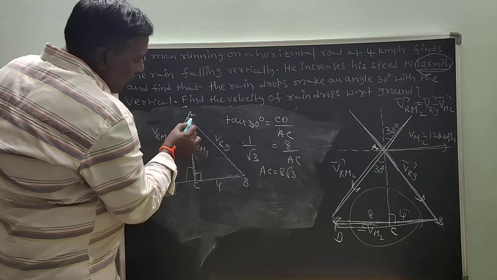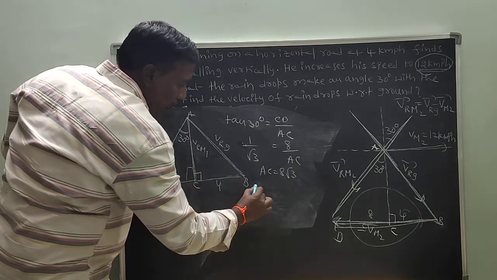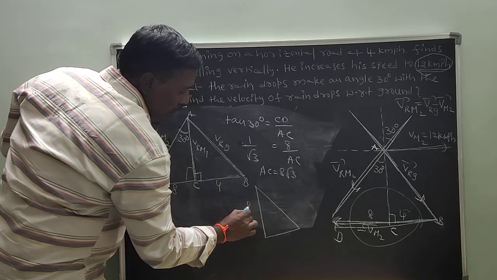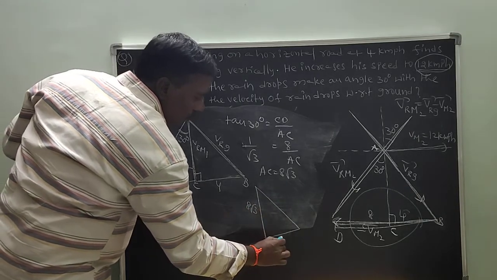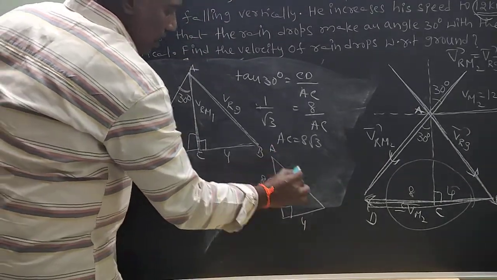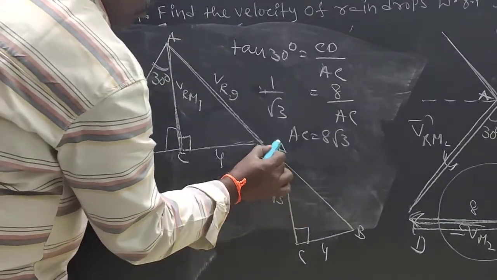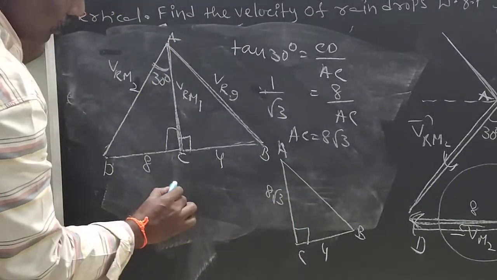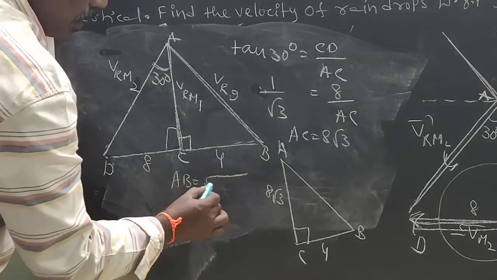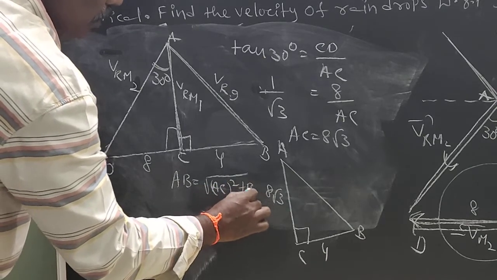What is velocity of rain with respect to ground? This is 8 root 3, this is 4, this is 90. In triangle ABC, AB is equal to square root of AC whole square plus BC whole square.